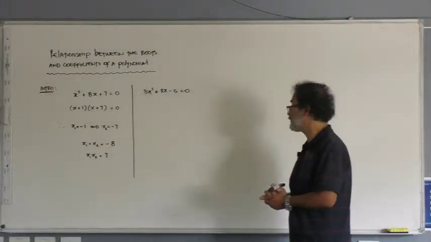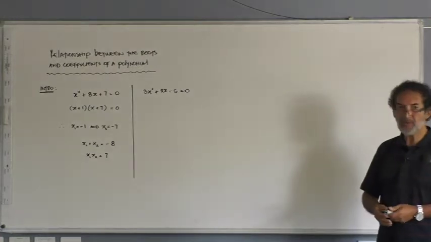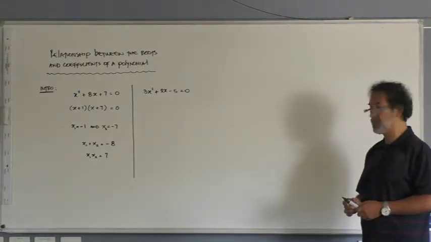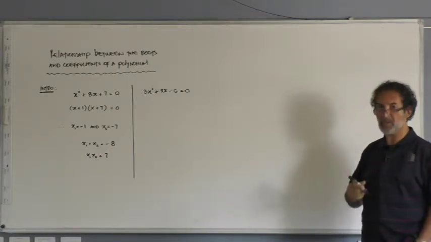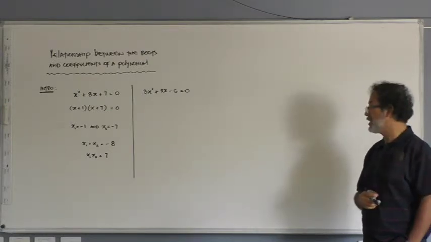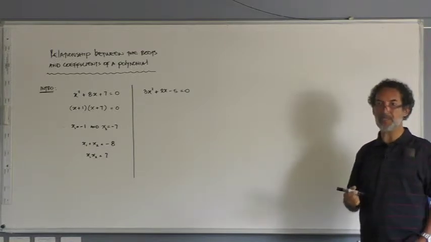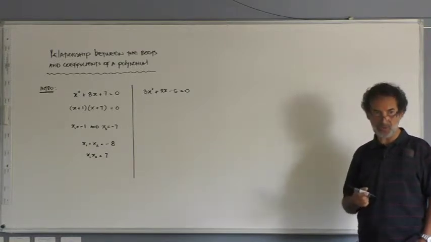Now, I want you to factor the equation, so I want you to put that into factors. You need to find two numbers that when you multiply them together equal negative 15, but when you add them together equal positive 2.